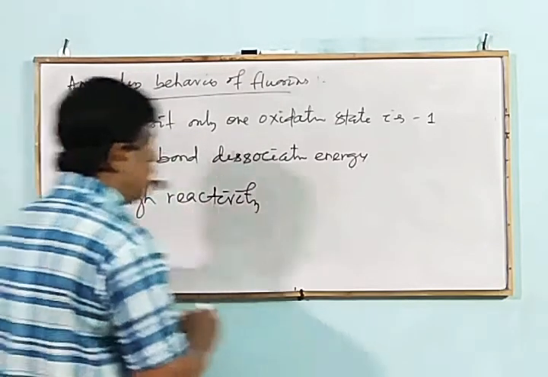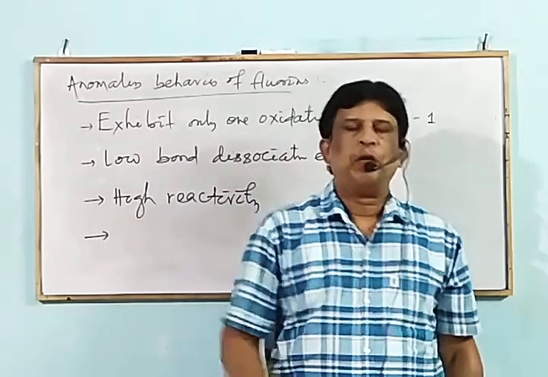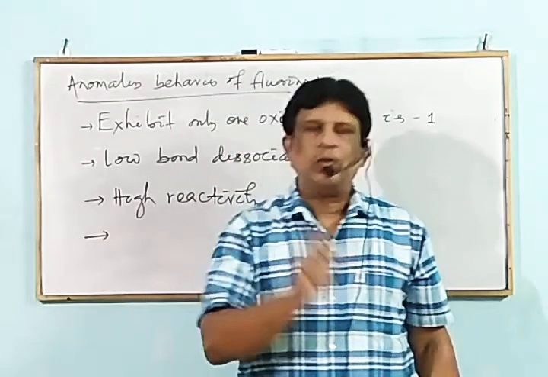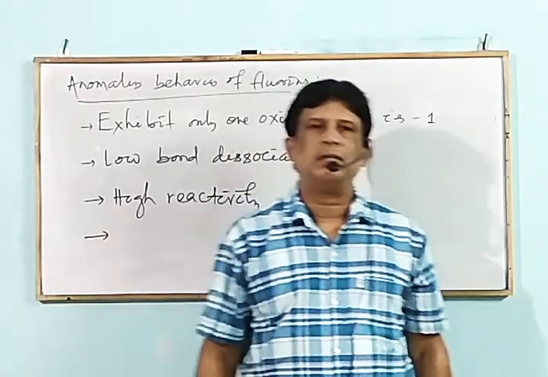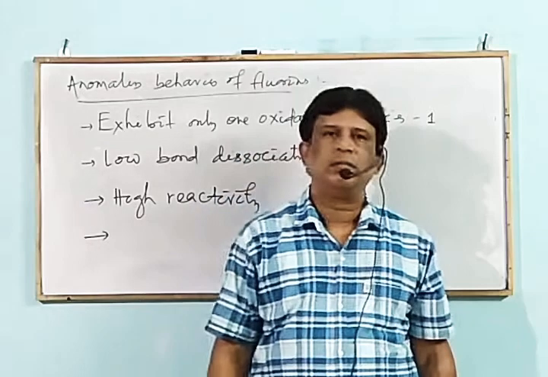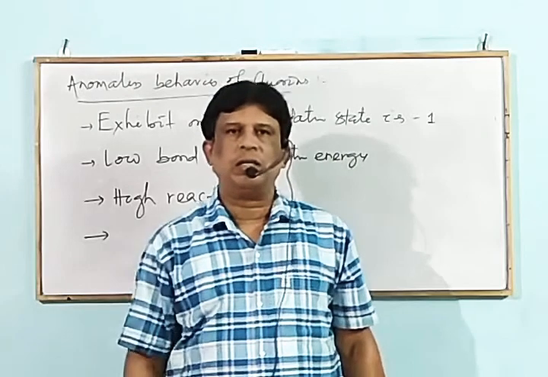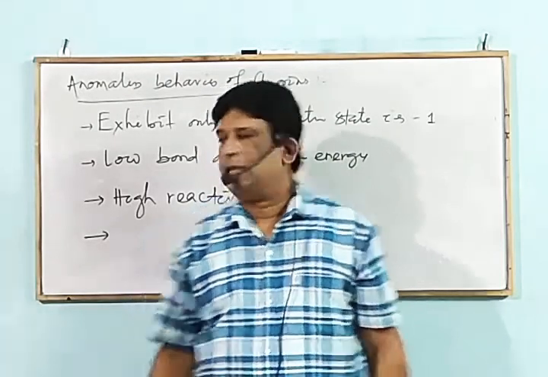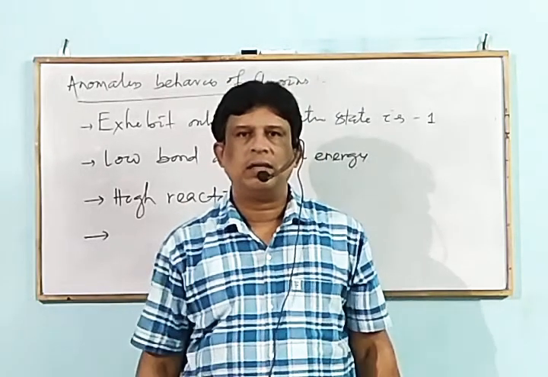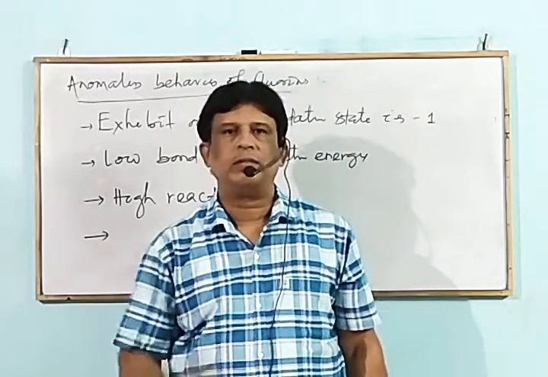The last, important point is that it exhibits maximum covalency. That means due to smaller atomic size, highest ionization and highest electronegativity, and less bond dissociation energy, the combining capacity, covalency, is maximum, and the combining capacity of fluorine itself is only one.